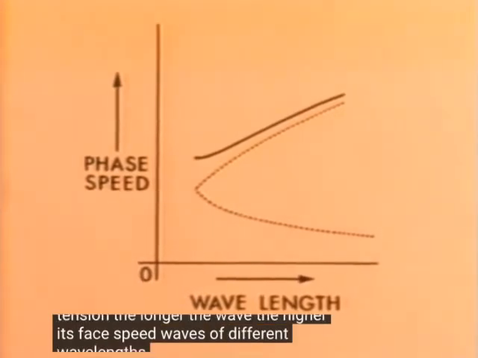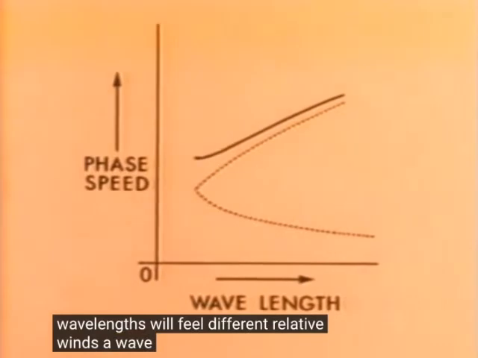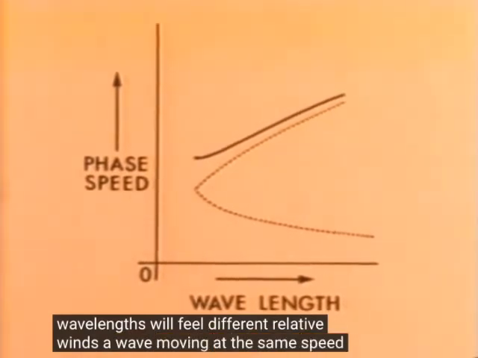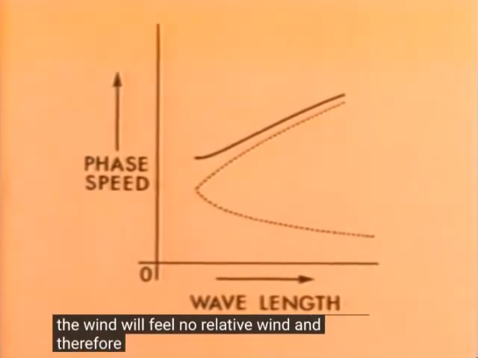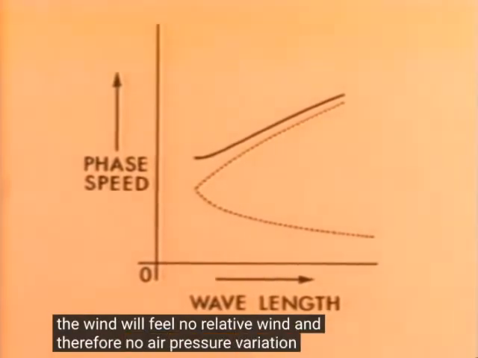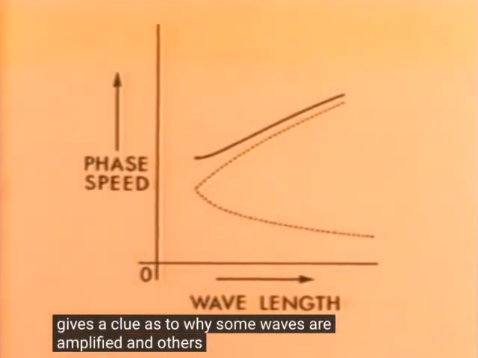Waves of different wavelengths will feel different relative winds. A wave moving at the same speed as the wind will feel no relative wind and therefore no air pressure variation. This gives a clue as to why some waves are amplified and others are not.